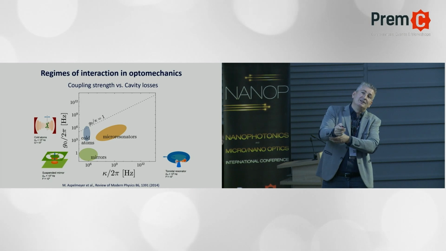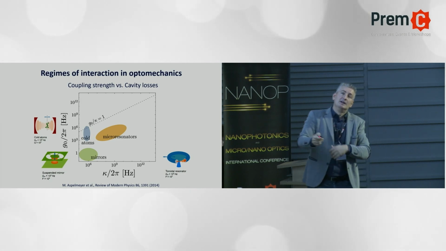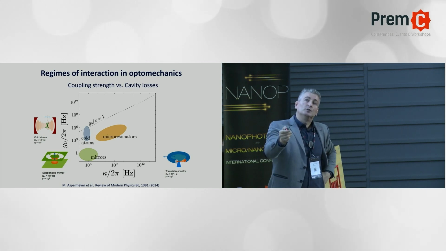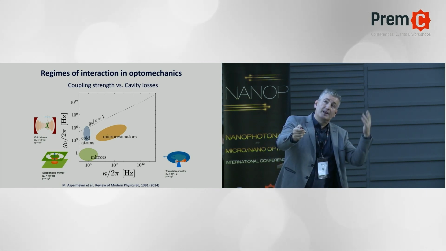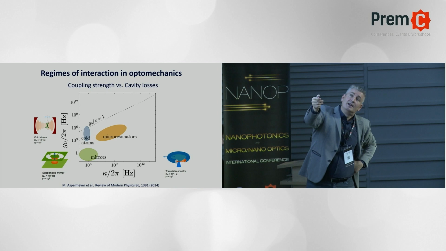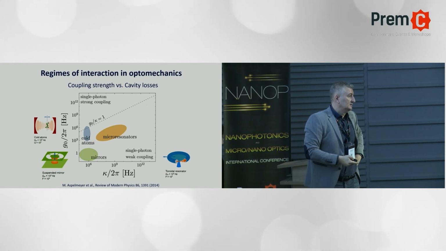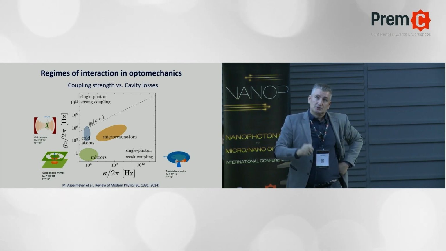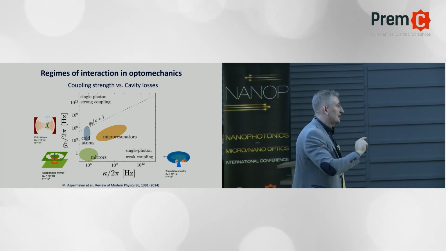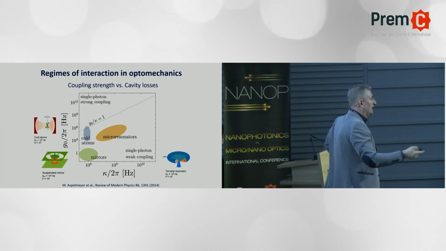They typically have relatively low optomechanical couplings, but they behave very well with losses. They have very high quality factors, right? So they are here in this landscape of the line that separates a strong and weak coupling. So this, until now, is the standard landscape of optomechanics and how optomechanics works.